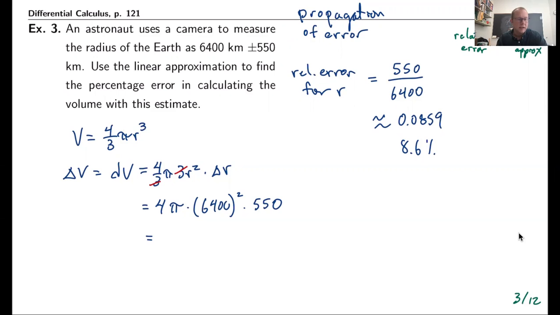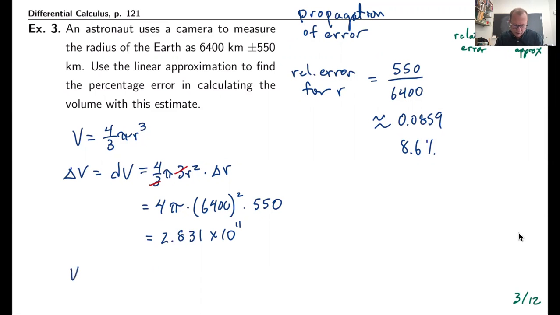So the number that I got there went into scientific notation, and it's like 2.831 times 10 to the 11th power. Okay. So let's see, billions are the 9th power. So that's hundreds of billions of cubic kilometers.